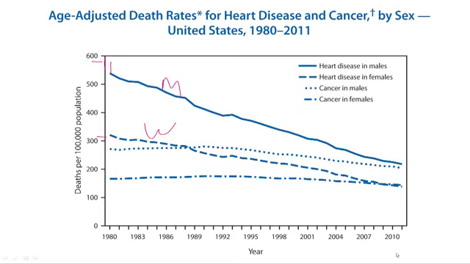So the difference between men and women here and the difference between men and women here are not the same. Men have higher cancer death rates than women, but the ratio between them isn't constant. But a proportionate hazard model says it is.